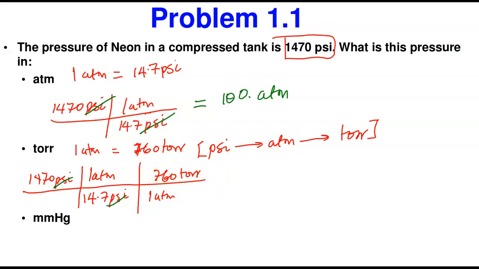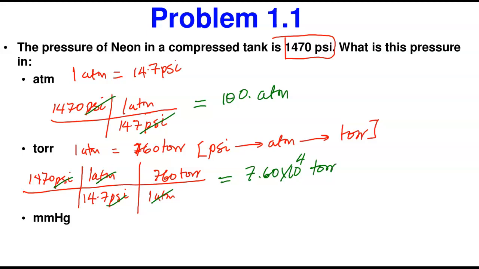And again, if I cancel atm and multiply everything together, I'm going to get 7.60 times 10 to the 4 torr. Always try to do this math yourself and confirm these answers. This is exactly what is going to be given to you. This is the answer you're going to get.